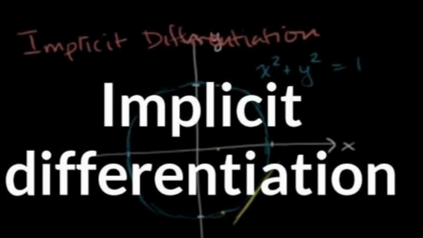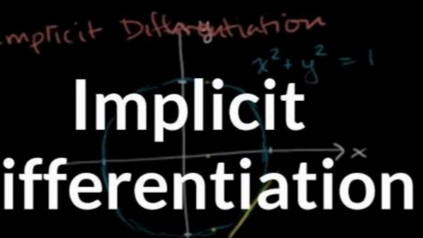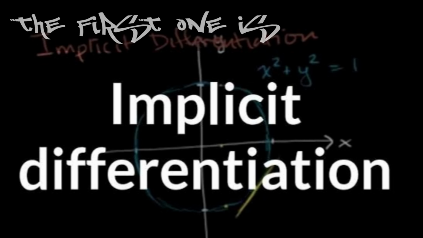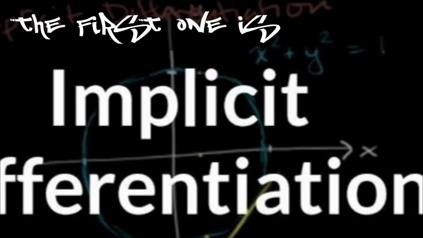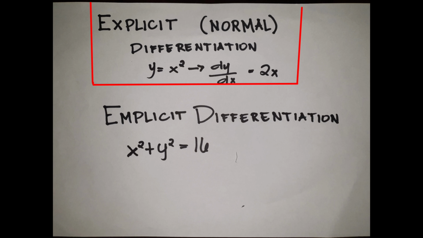In this video, I'm going to show you how to do implicit differentiation and derivatives of inverse functions. Up until now, you've probably been doing explicit differentiation, which is just the normal kind of differentiation.